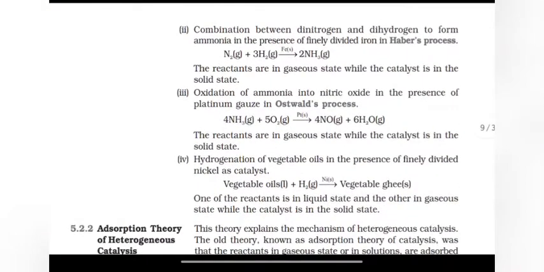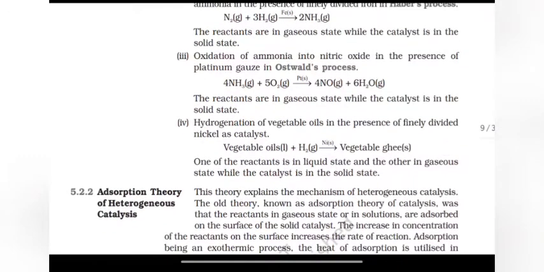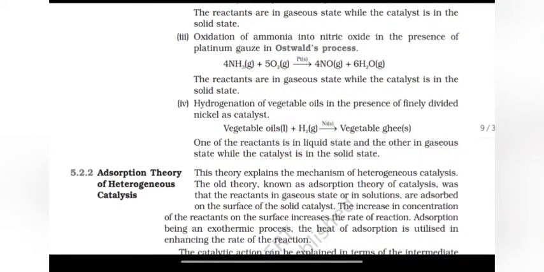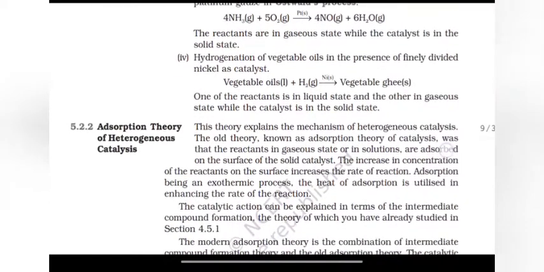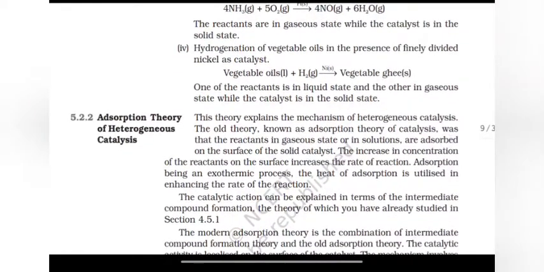Combination between dinitrogen and dihydrogen to form ammonia in the presence of finely divided iron in Haber's process. The reactants are in gaseous state while the catalyst is in solid state. Oxidation of ammonia into nitric oxide in the presence of platinum gauze in Ostwald process. The reactants are in gaseous state while the catalyst is in solid state. Hydrogenation of vegetable oils in the presence of finely divided nickel as catalyst.